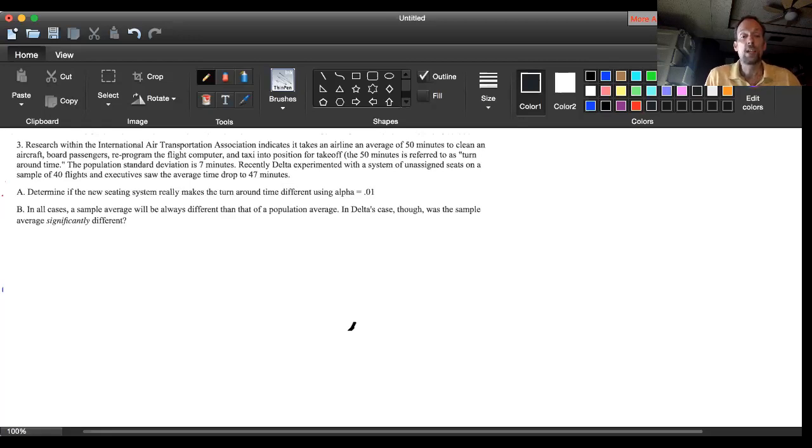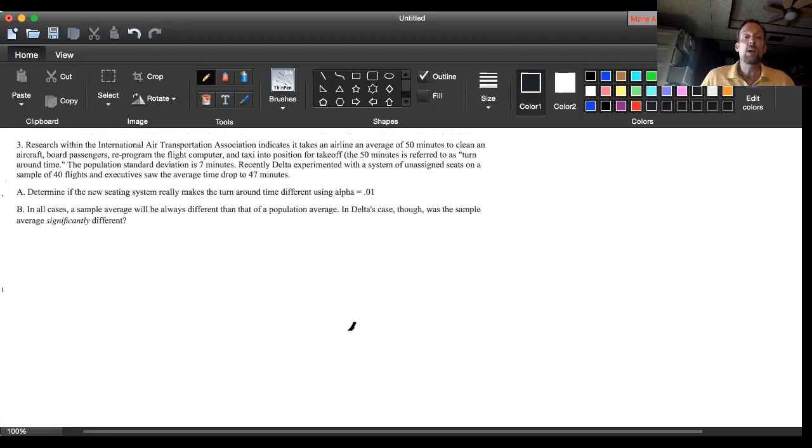So they do a sample of, looks like 40 different aircraft, and they try this unassigned seating system, and it turns out the average time drops to 47 minutes. What we have to find out is, was that time different than the 50 minutes? Like, did that really create a big difference?